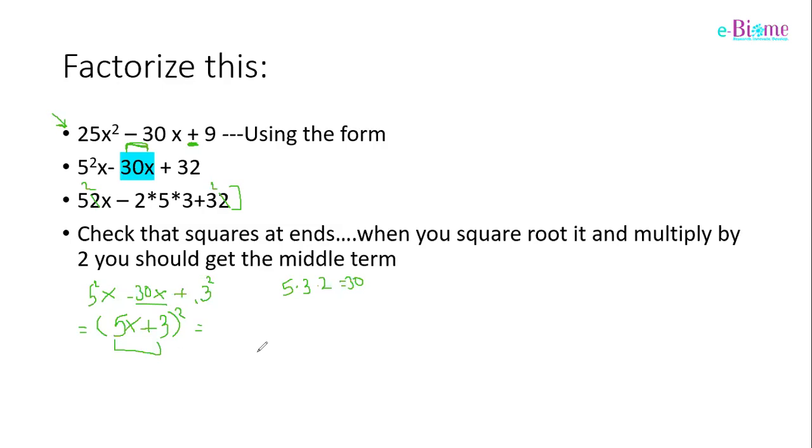If it's a perfect square, then the first coefficient, which is 5, multiplied by the square root of the constant, which is 3, then times 2, we should get the coefficient of the middle term, which is 30. And then we say, okay, it is a perfect square.